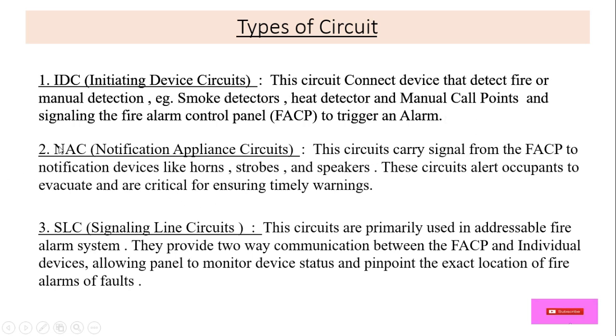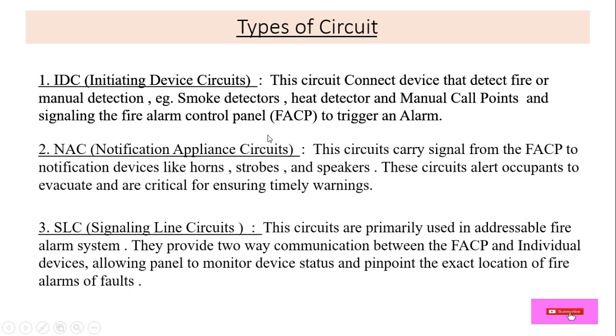Now another is NAC, the notification appliance circuit. After detection, the panel has to notify the occupants of the building. This circuit carries a signal from the fire alarm control panel to the notification devices like horns, strobes and speakers.